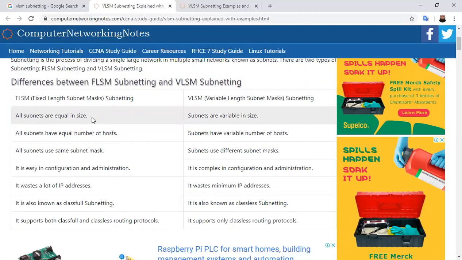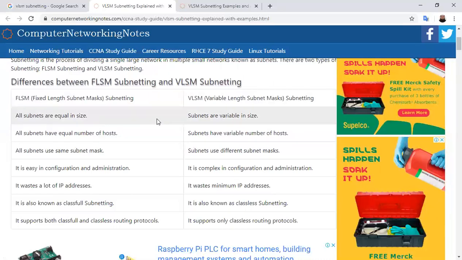That means, if a subnet is 0, the second subnet is 32, and the third subnet is 64. The difference between 0 to 32, and between 32 to 64, are all equal. That's why I'm saying all subnets are equal in size.